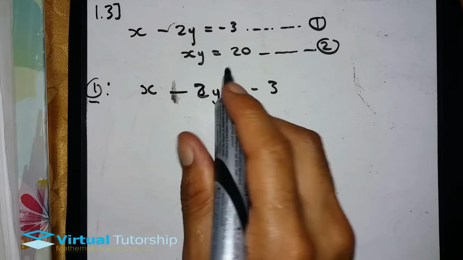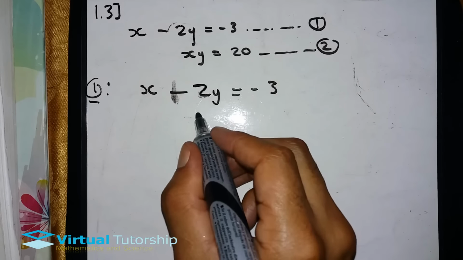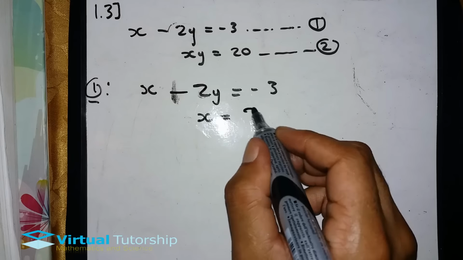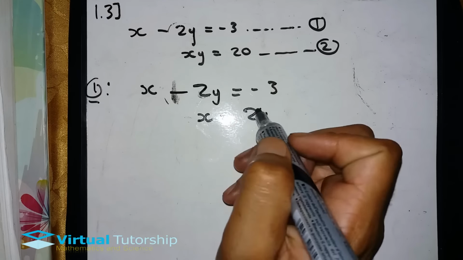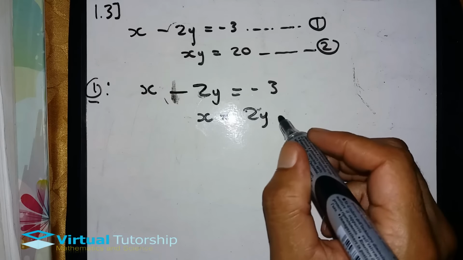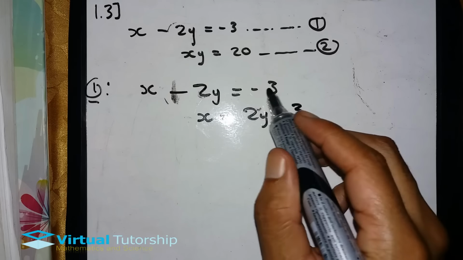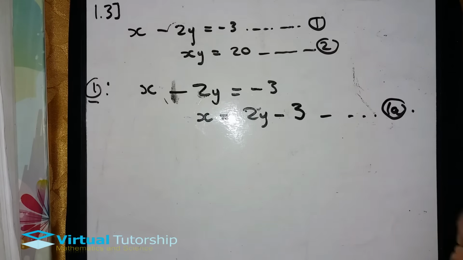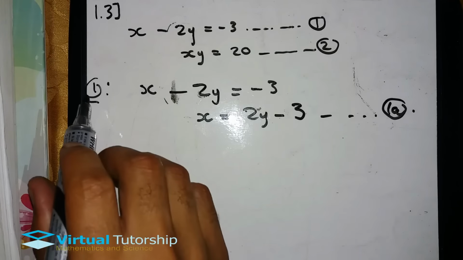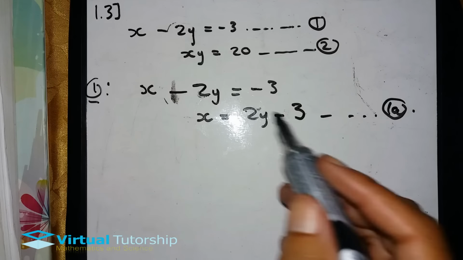This is equation 1, and then I will solve for x. I find that this minus 2y, when I transpose it, becomes positive 2y, and then minus 3. This is going to be equation 1a, 1a because I derived it from the first equation.